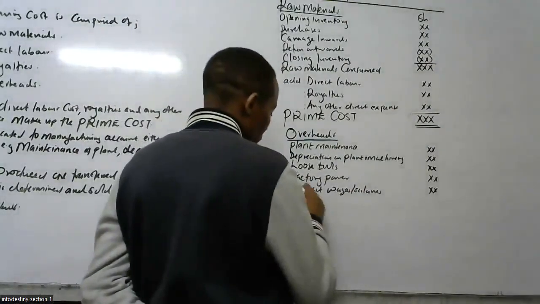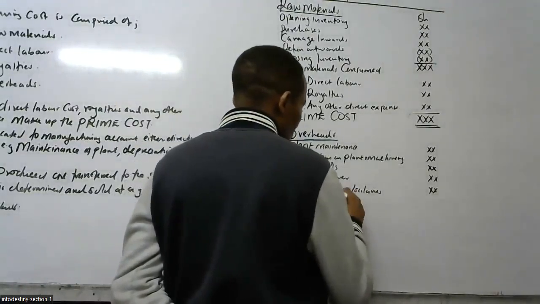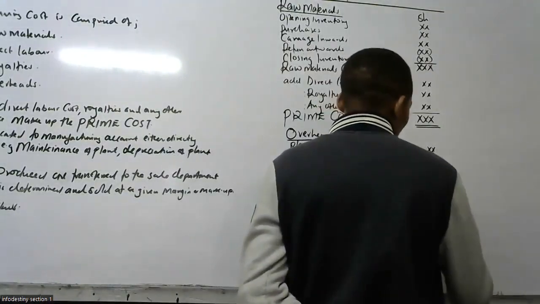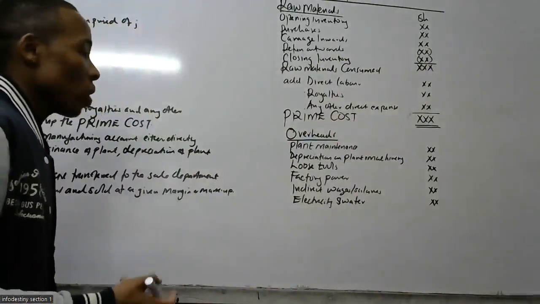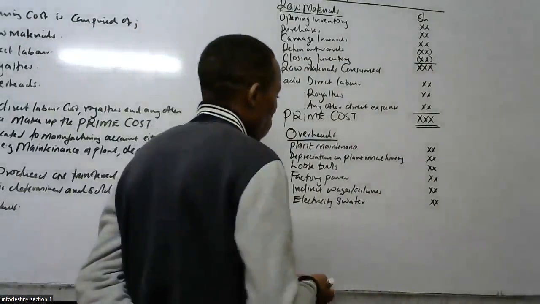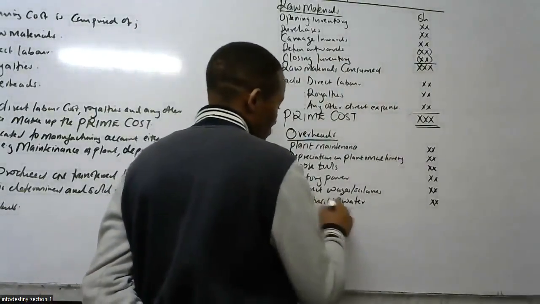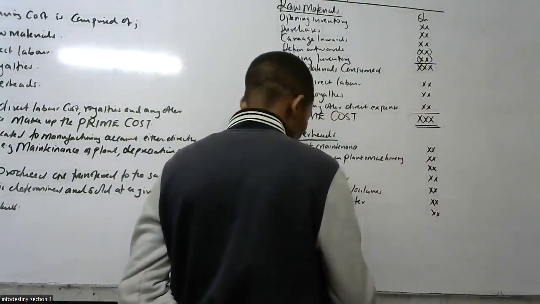There are many. You can have electricity, sometimes combined with water. If present, we just key in that which we have been provided. We can have rent, and insurance.